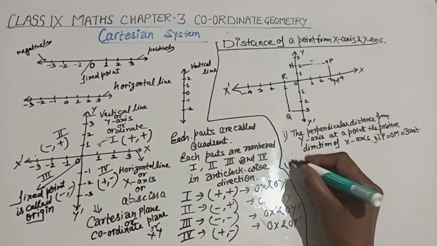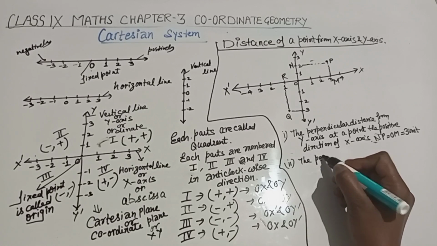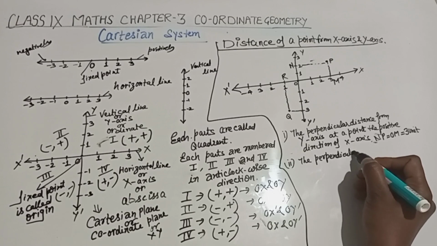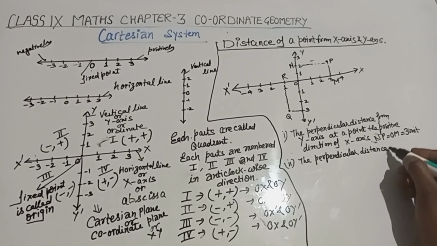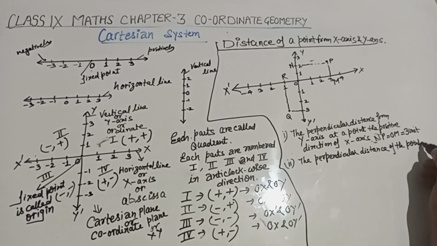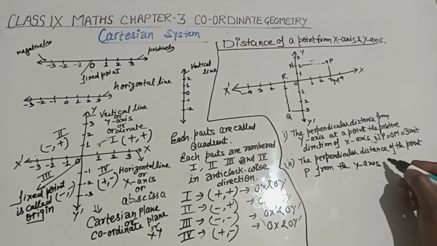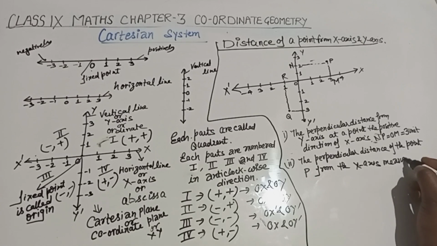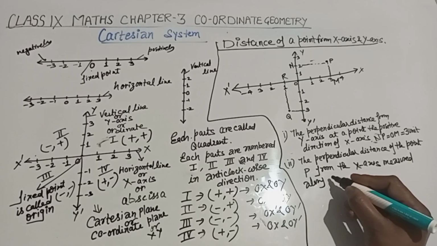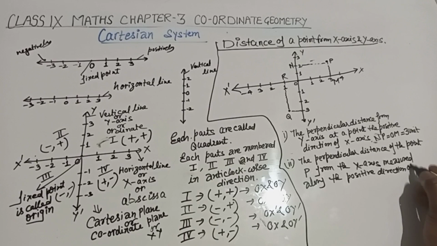Now again, from the x-axis, the perpendicular distance of the point P from the x-axis is measured along the positive direction of the y-axis.